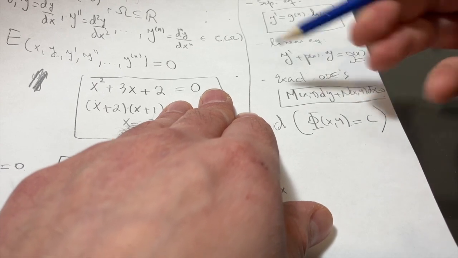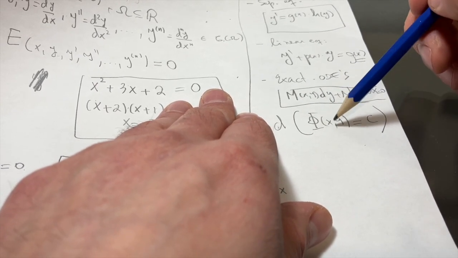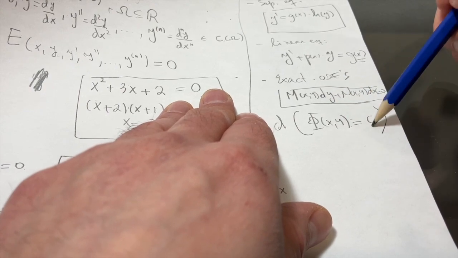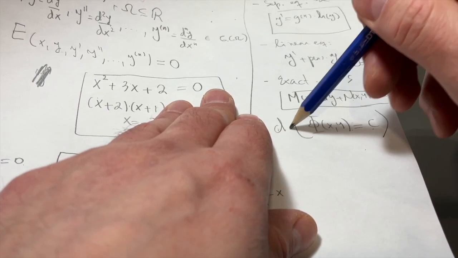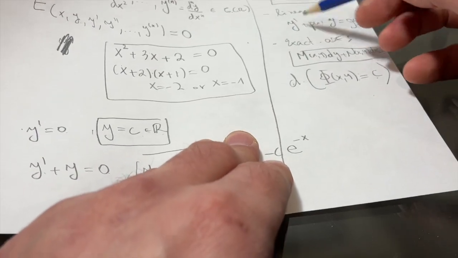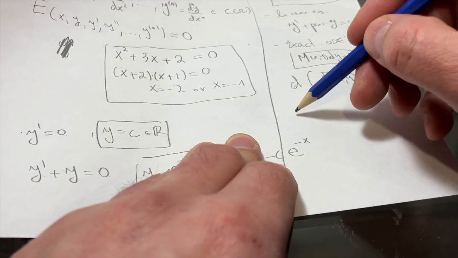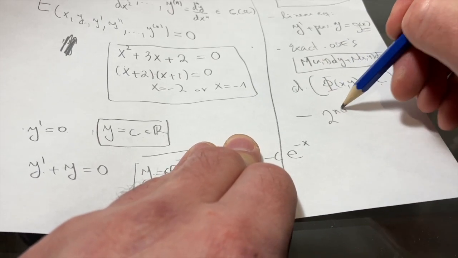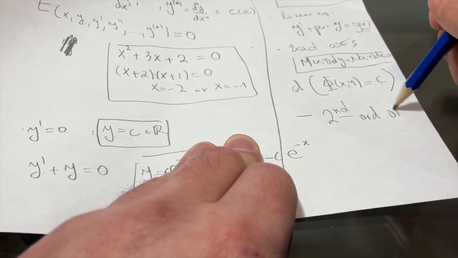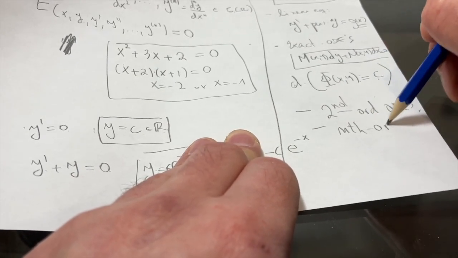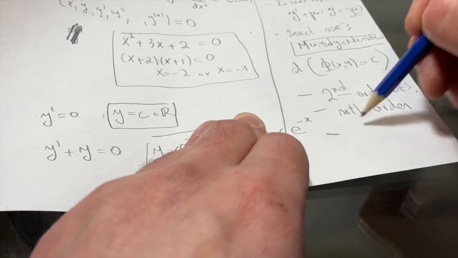So if you could find phi, a function of x and y, satisfying the equation in this precise sense, then you solve the equation actually, okay? Then from exact ordinary differential equations, you would move on to solve second order ODEs, and then nth order ODEs, and then systems.